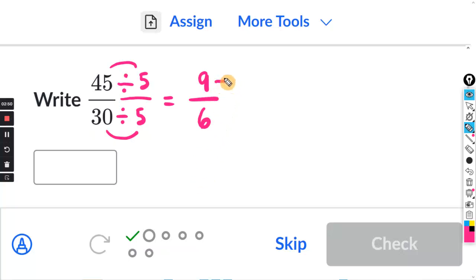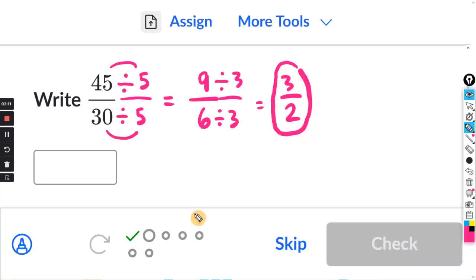So I'm going to do 9 divided by 3, and I'm going to do 6 divided by 3. All right, 9 divided by 3 is just 3. 6 divided by 3 is 2. And there are no common factors between 3 and 2. So that's it.